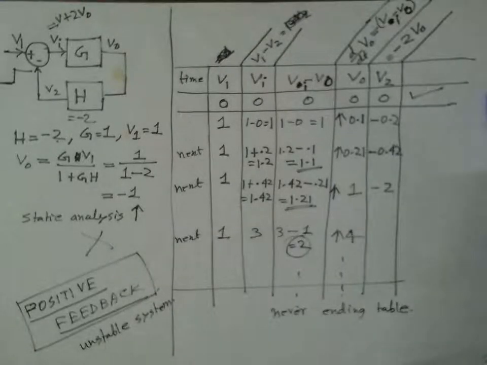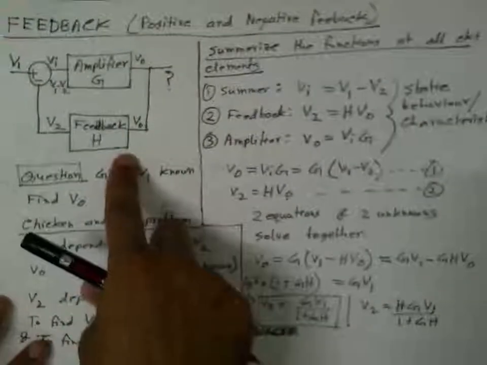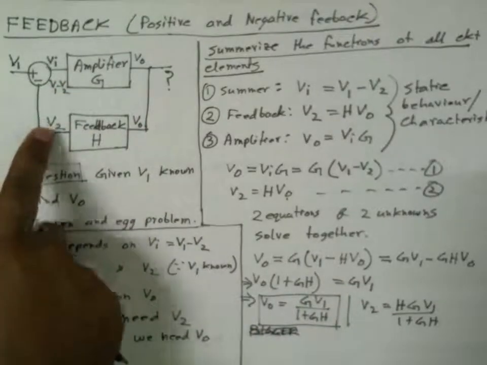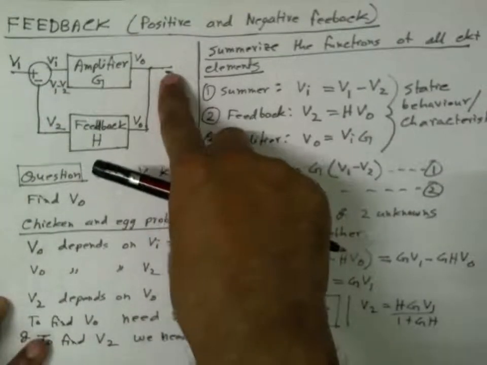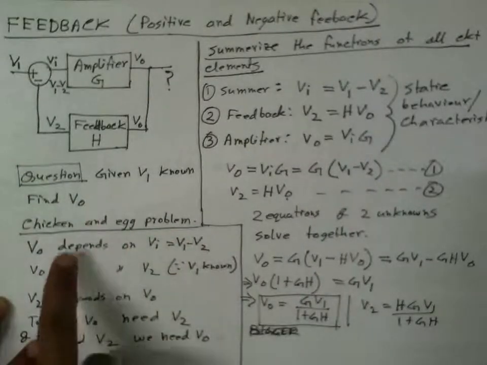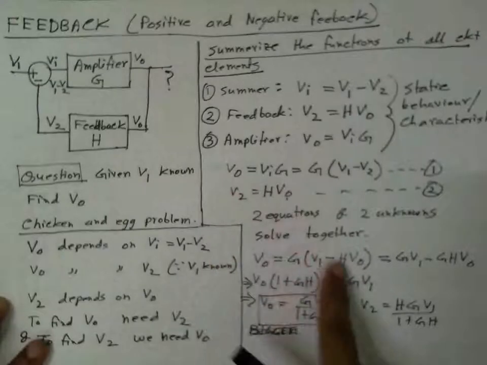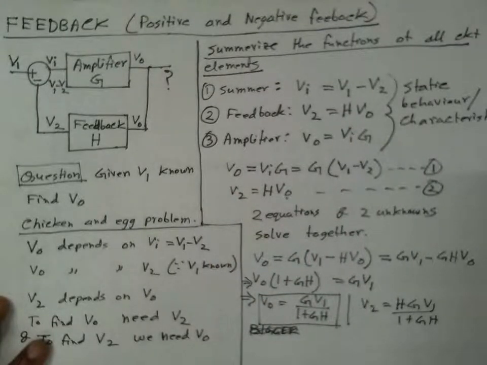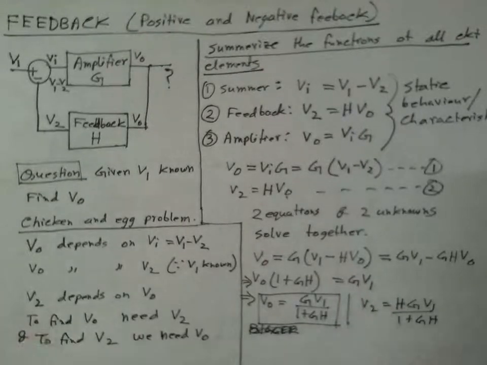Okay, so in this video, let me summarize. We started with a simple circuit like this, where we had 2 amplifiers, one feeding back to the other, and we said find the V0 output given the input, and we said that this is a chicken and egg problem, but then we solved it by solving a set of equations, which we called the static analysis of the system.